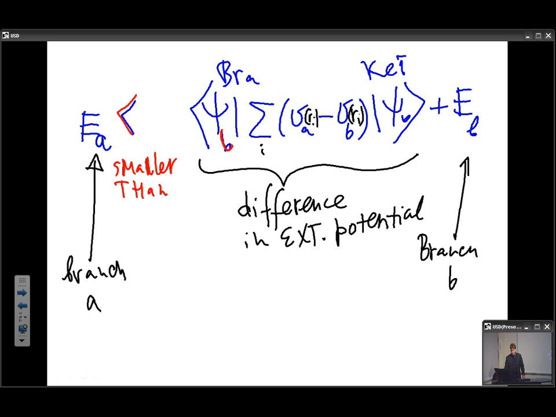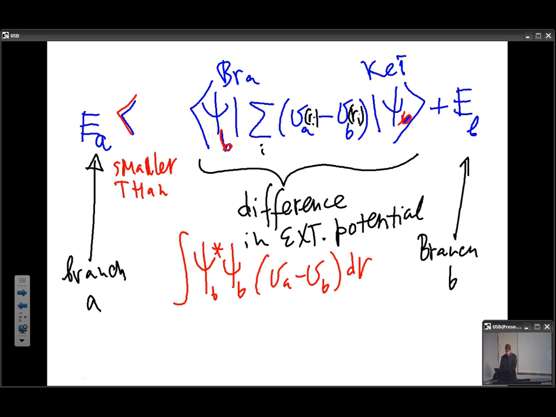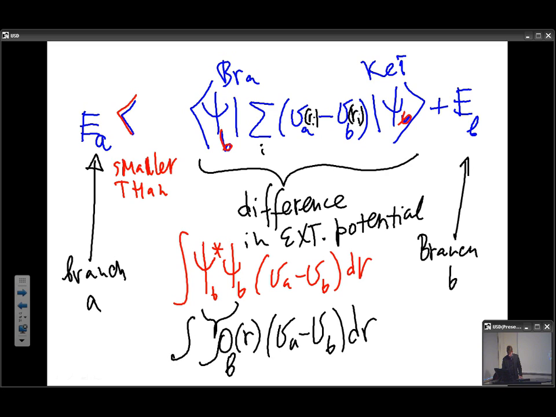If you have bra ket with the same wave function, and we are finding an expectation value of an operator, then this bra times ket in our expression can be replaced by density rho of r, A minus B. So there is nothing new.